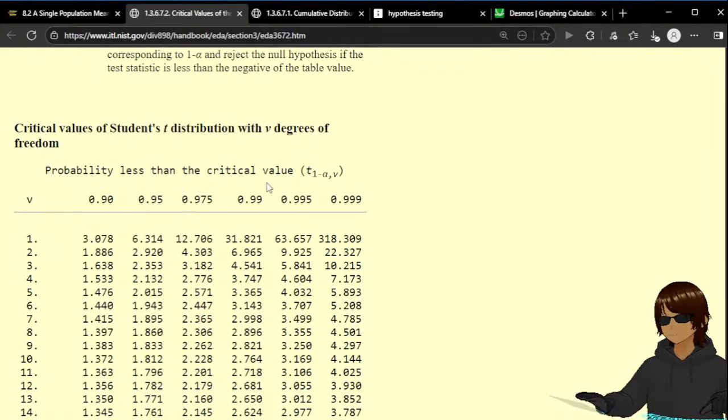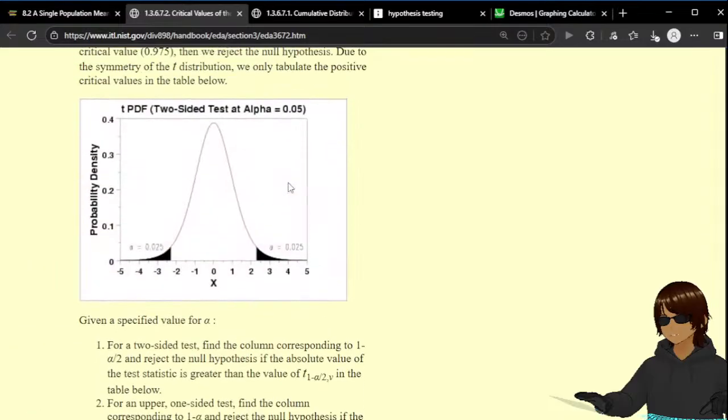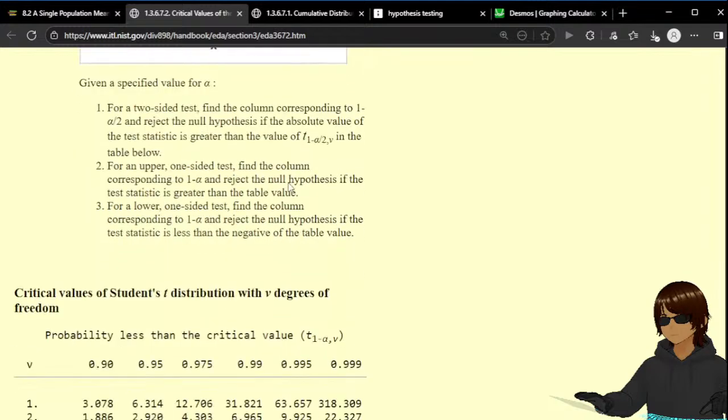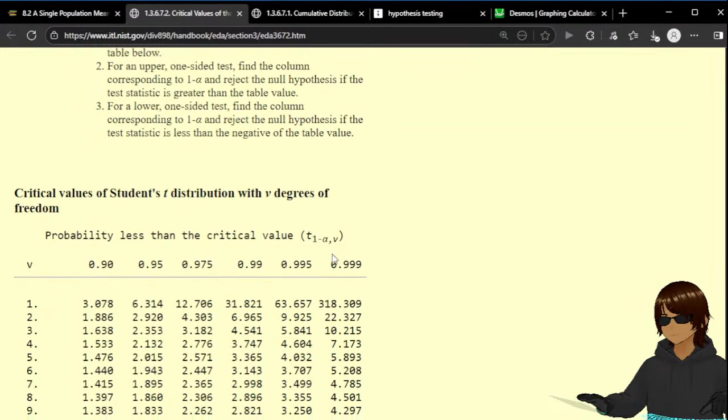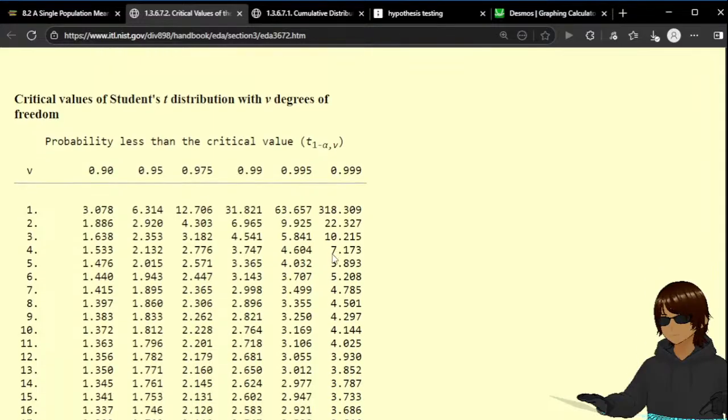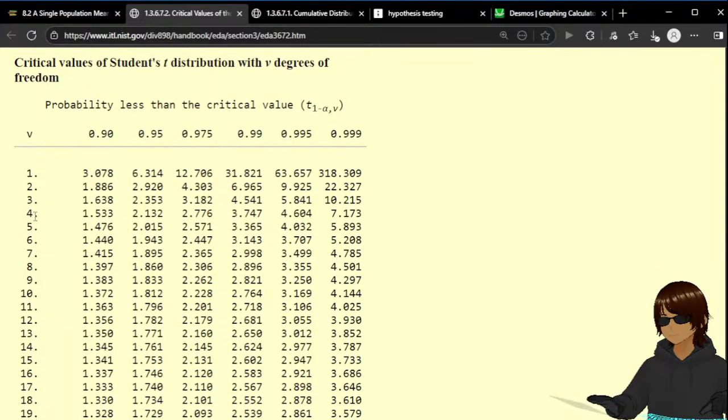Probability less than the critical value. 1.09, 1.95.